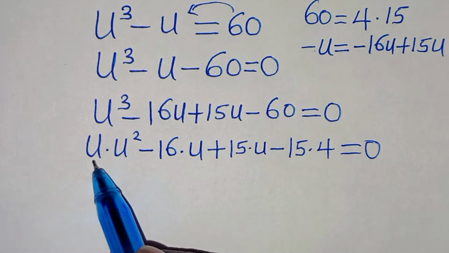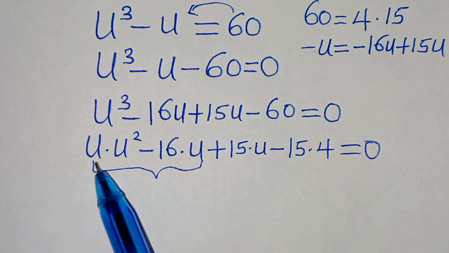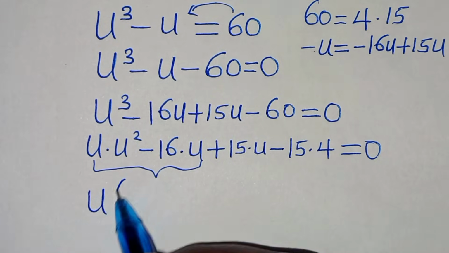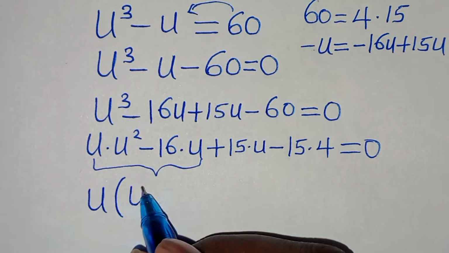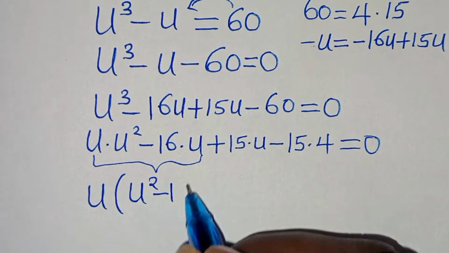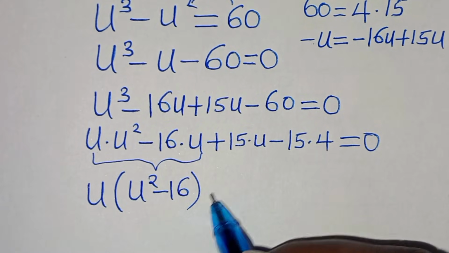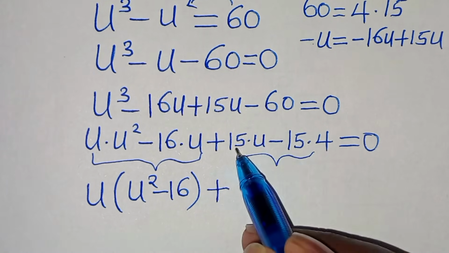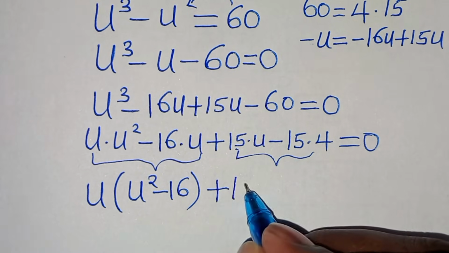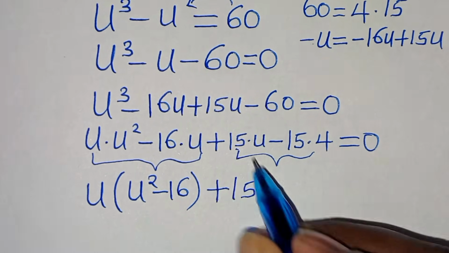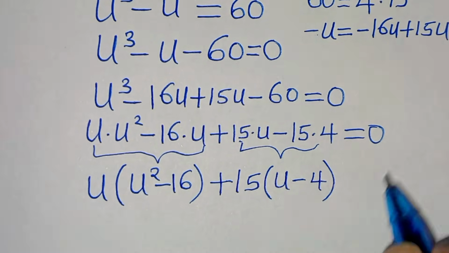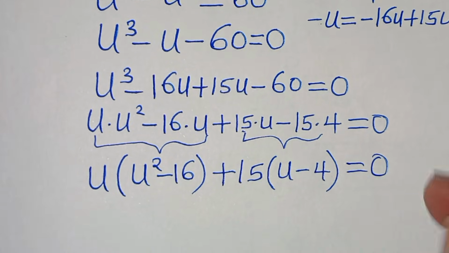So from the first part here, u is common, so we can factor out u into the parentheses. This is u to the power of 2, subtract 16, then plus. Now in the second part here, 15 is common, so we can factor out 15 into the parentheses. This is u, subtract 4. This is equal to 0.